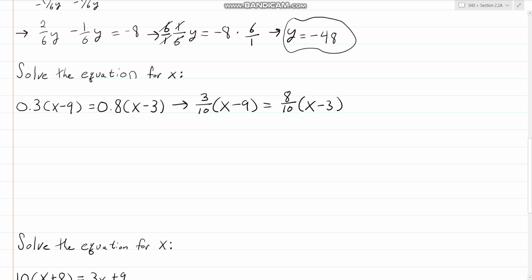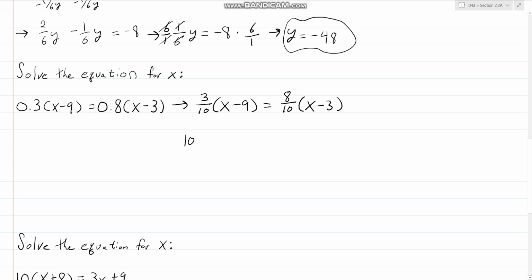And the reason I want to do this is when you have something like this, and this is going to come up later in the lesson as well, if you have everything over the same denominator, then you can actually multiply the whole equation by that denominator. So since I have 3's over 10 and 8's over 10, I'm allowed to multiply both sides by 10, right?